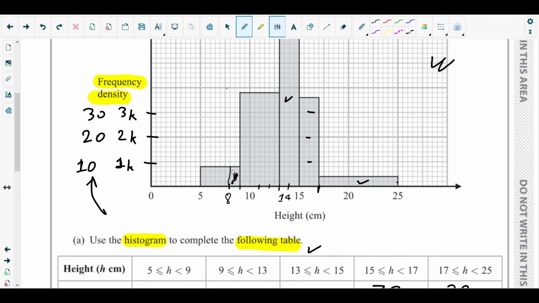And along the y-axis the frequency density is 8. So we got the area 8 here, so the frequency is 8.